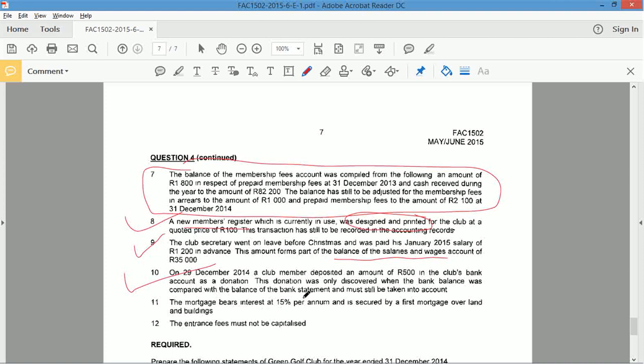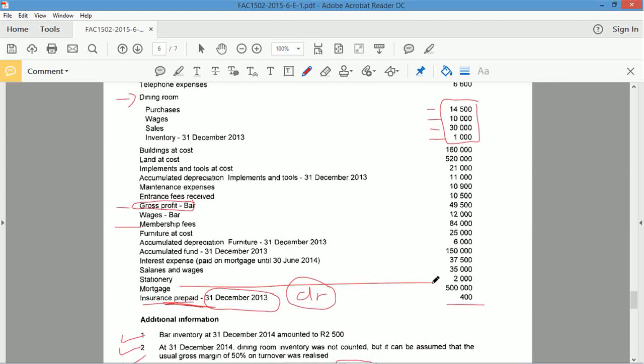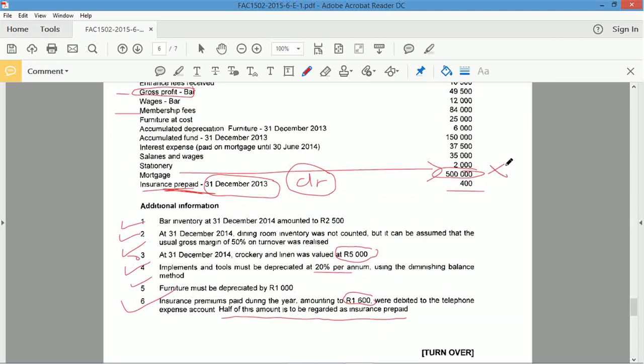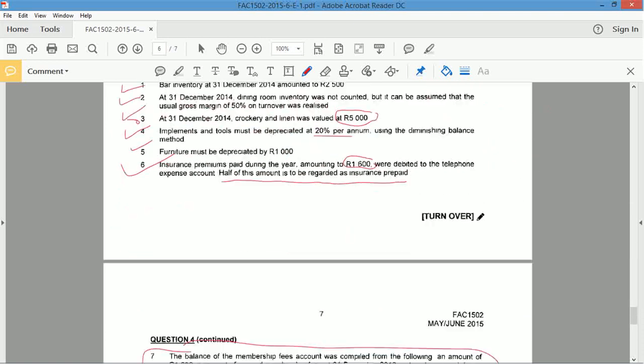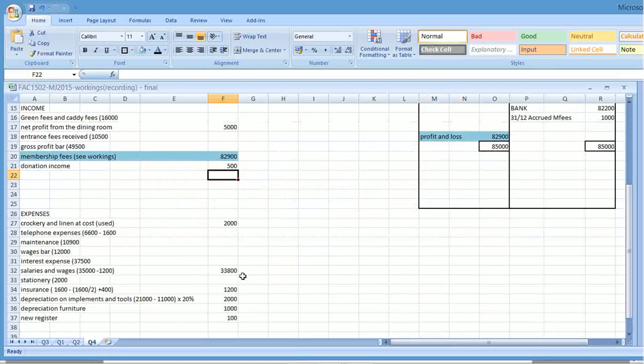The mortgage bears interest of 15% per annum and is secured by first mortgage over land and buildings. So we need to know what the mortgage is. The mortgage was 500,000. So 500,000 times 15% is what the interest is calculated at. What does that give me? 75,000. So 75,000 is the interest on mortgage. Where's my interest on mortgage?